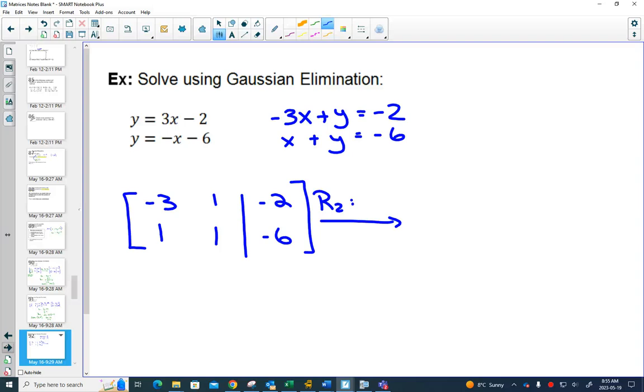So see if you can figure out how you can make that bottom corner 0. Top row is not going to change.